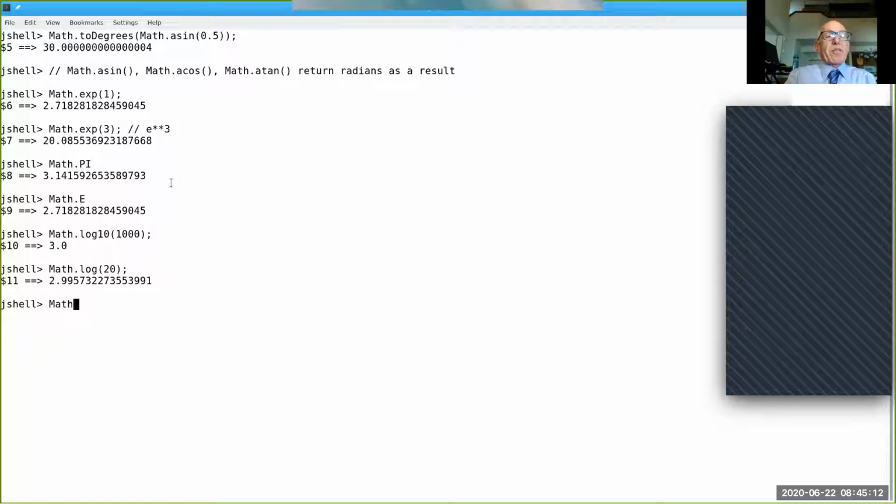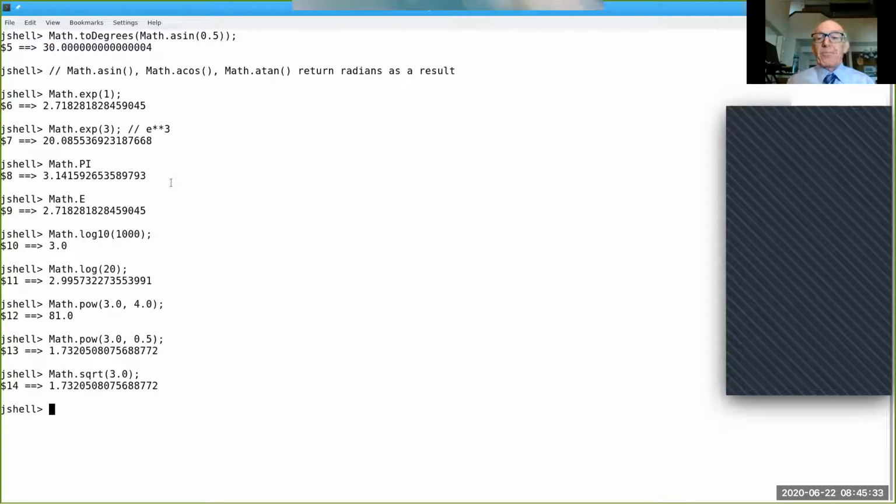And we've already seen math.pow. For example, let's say 3.0 to the 4.0 power. And we can take the square root by raising something to the 1/2 power, or we can use the built-in square root function, abbreviated as sqrt.